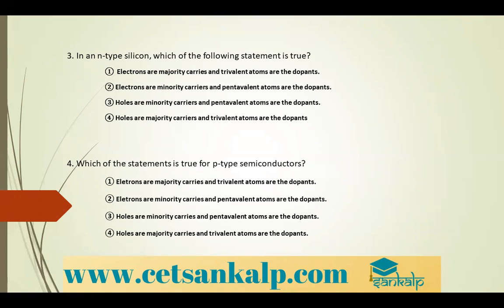So electrons are majority charge carriers in n-type, trivalent, pentavalent. No. So first option is ruled out, second option is ruled out, fourth also it is ruled out.